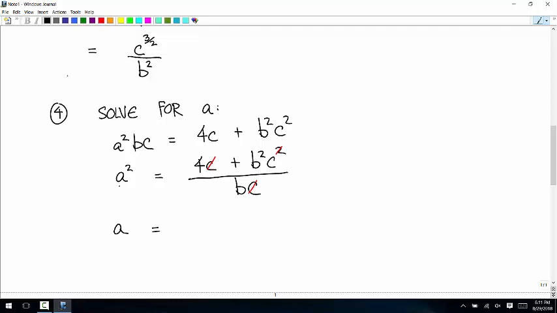You get a is equal to 4 plus b squared times c all over b, square root. And that's almost the complete answer. There's one thing I'm missing. That one thing that's kind of interesting, kind of cool when you see the stuff that you've done in math classes come up in physics, is that at least I remember when I was taking algebra, some of the rules seemed a little abstract to me.